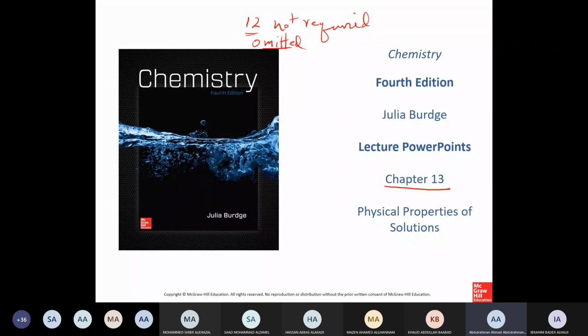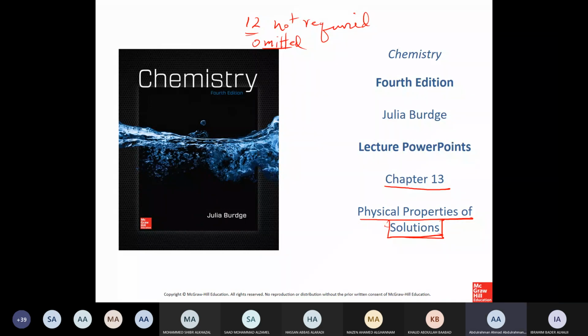Chapter 13 is called Physical Properties of Solution. We just finished in chapter 11 Physical Properties of Liquids and Solids. Now we are in chapter 13, which is Physical Properties of Solution.